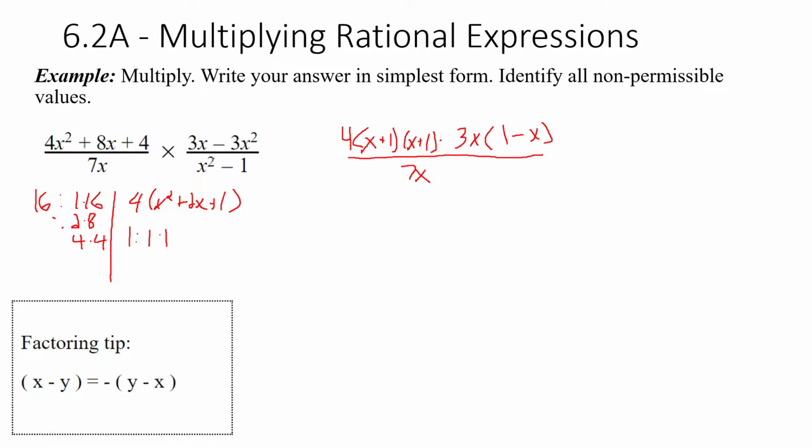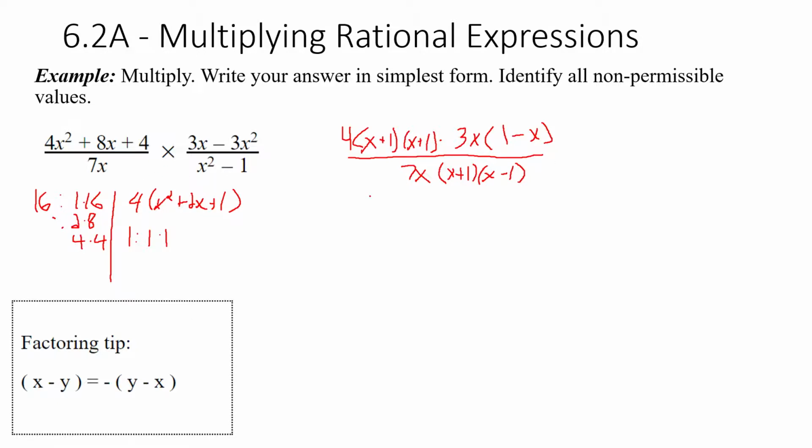So if you have an x squared minus a perfect square, this will factor into the square root of this plus minus the square root of this. So the square root of x squared is x, and the square root of 1 is 1, so x plus 1 times x minus 1.